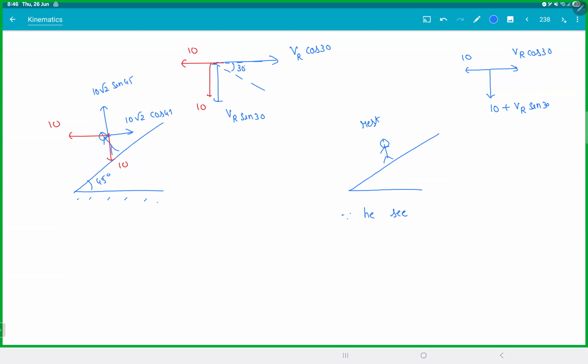Since he sees the rain falling vertically, VR cos 30 minus 10 must be 0. Therefore, VR will be 20 by root 3. This is the actual speed of the rain in the ground frame. But this person will think the rain is falling with 10 plus VR sin 30.